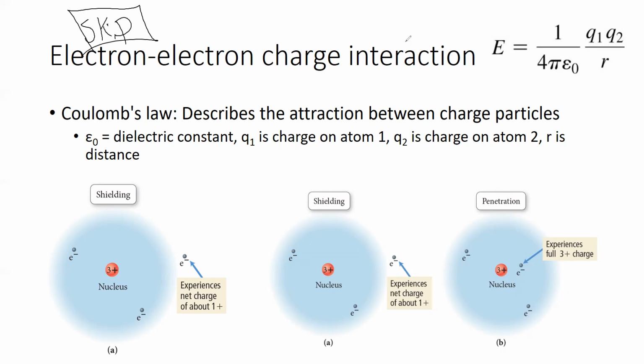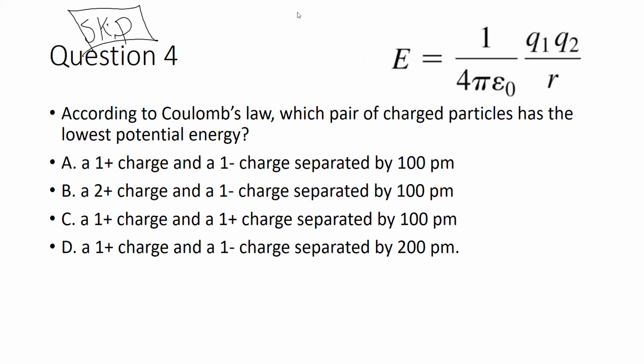But what Coulomb's law says is that the closer something is, if they're different charges, the stronger they interact. And the bigger the charge is, if they're different, the stronger they interact, right?